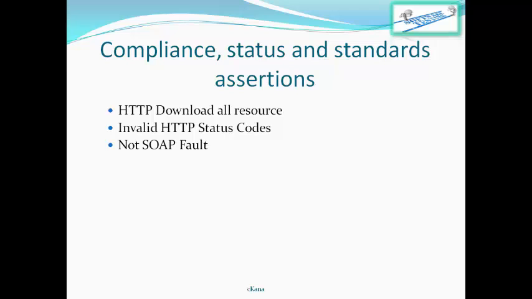This is again applicable to SOAP test steps only. Schema compliance. This validates that the last received message is compliant with the associated WSDL or WADL schema definition. This is applicable to SOAP and REST test steps. SOAP fault. This validates that the last received message is a SOAP fault. Applicable only to SOAP test steps.